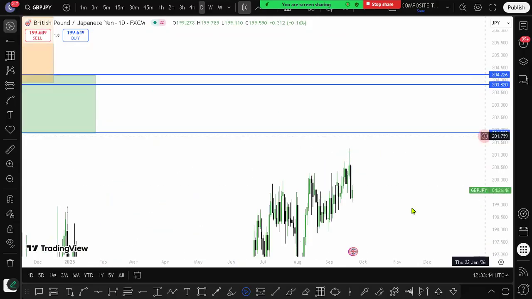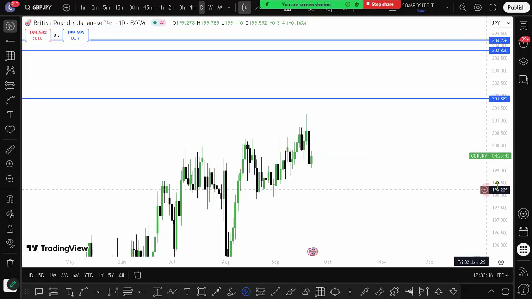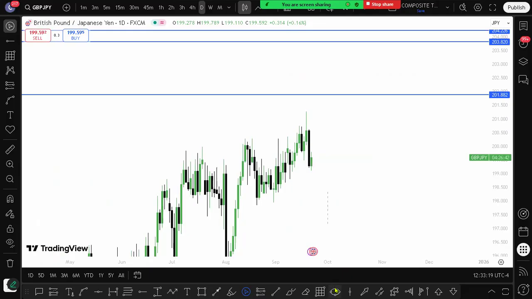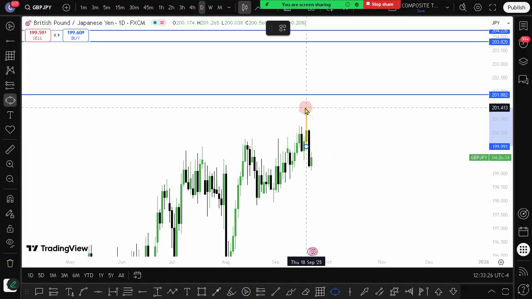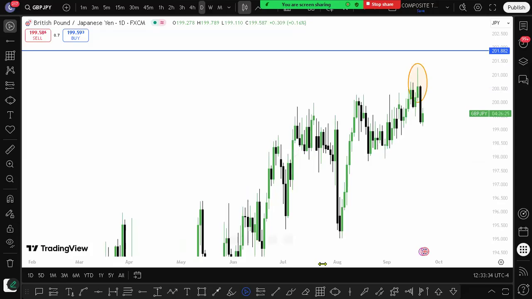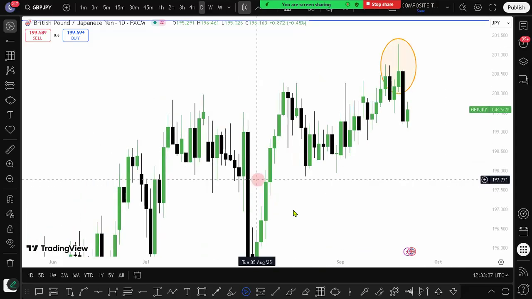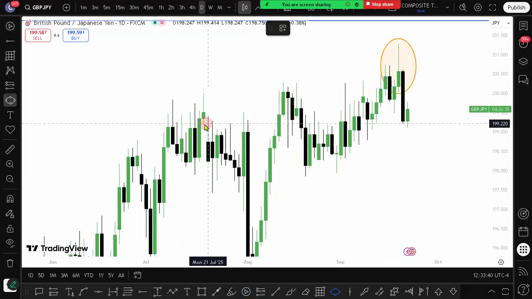And what I saw here, now this is not one of the best ideas, but I noticed this shooting star around this area, which was formed, I think, on Thursday, because it's Friday and today's Monday. So this was formed on Thursday. And most of the time, this is a type of reversal pattern. When you see it on a higher time frame and you're approaching larger time frame zones like the supply or demand, you will see this type of candle form.